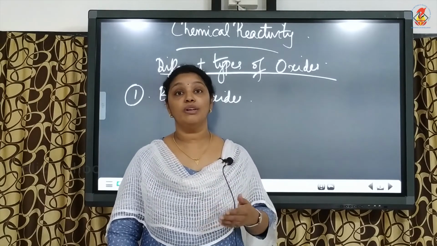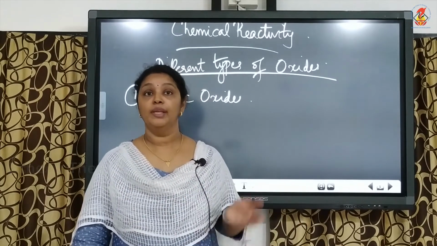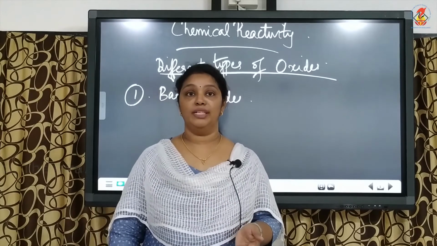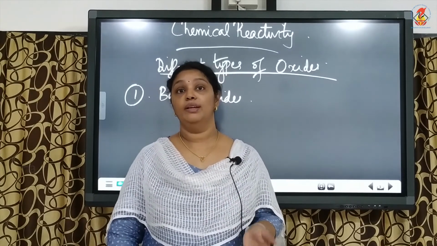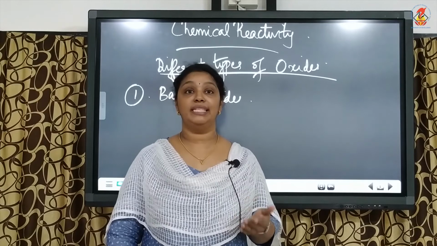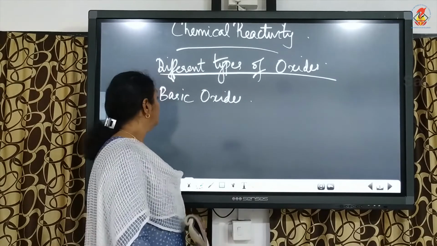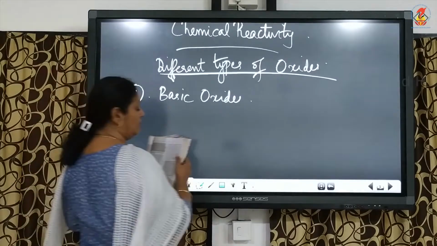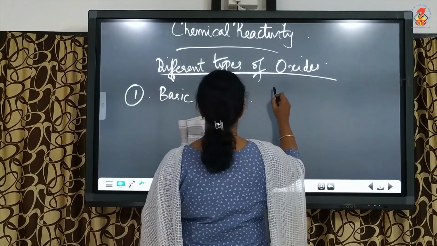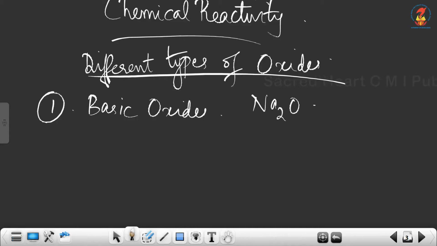So basic oxides are mainly formed by group 1 and group 2 elements, or we can say metals. Group 1 and group 2 elements are mainly metals. Metals form basic oxides. Examples for basic oxide are sodium oxide, calcium oxide, etc.